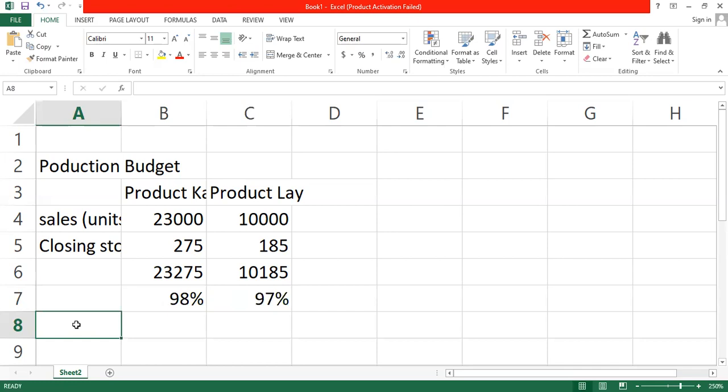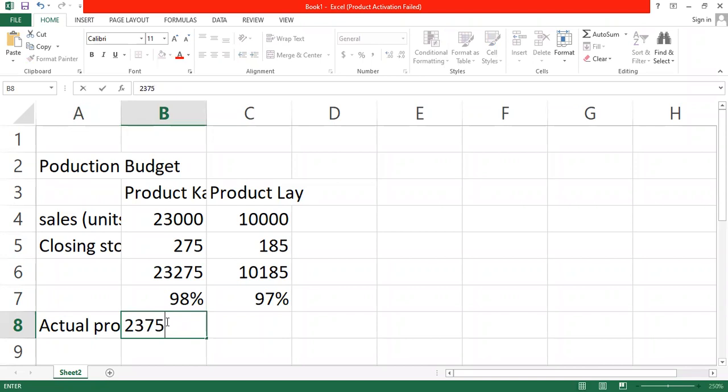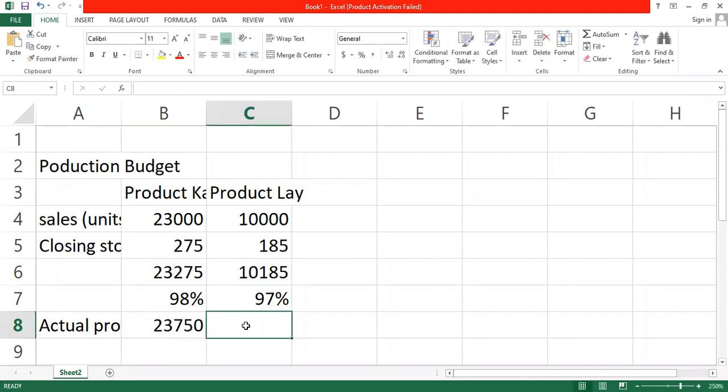We change them to decimal, 0.98. So what are we getting? The actual production is 23,750 for K. What will be for L? 10,500.